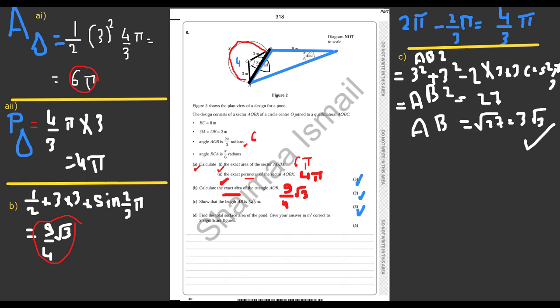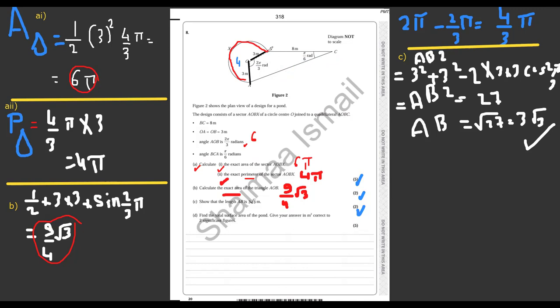We just have one side and one angle, so we have to get these two angles, angle B and angle A. We can get it from the sine rule.